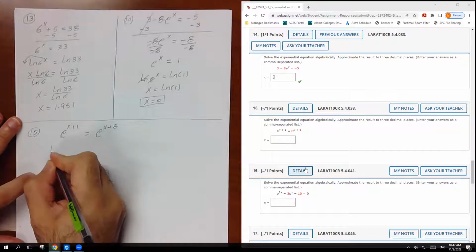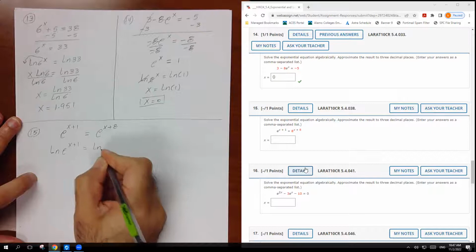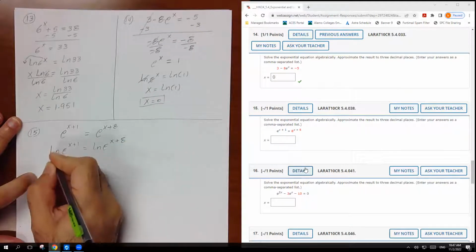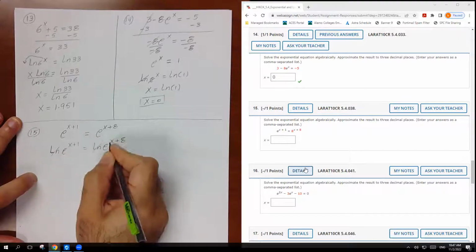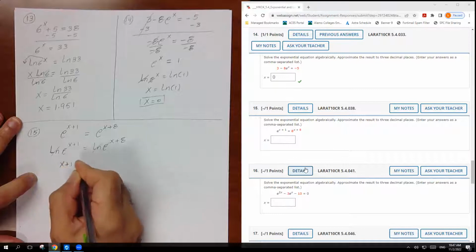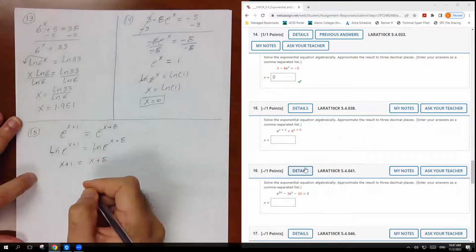That means you can say ln e to the x plus 1 equal ln e to the x plus 8. Cancel these. So x plus 1 equal x plus 8. And then you're going to solve this one.